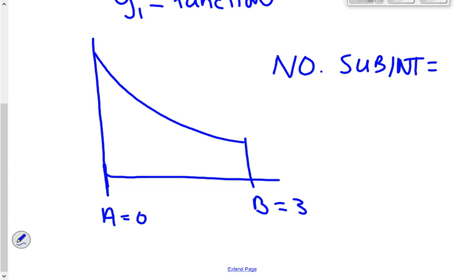Okay, so that means I'm going to break this up into 3 rectangles. So you would let subint be equal to 3. And then if you hit enter, it tells you left, mid, and right as your values. Right? Does that pop up on your screen? Okay, we're going to hang on to those values for a minute.